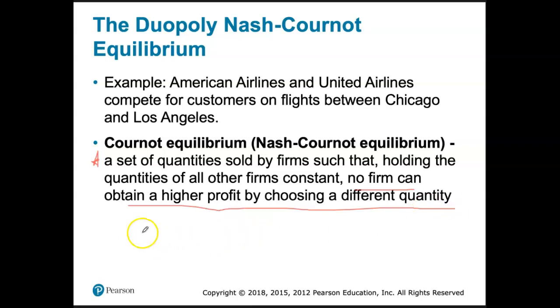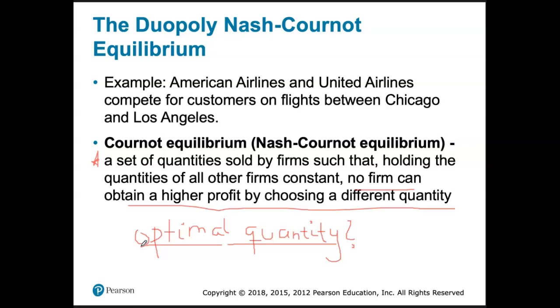In other words, what is the optimal amount or optimal quantity both firms should choose in order to maximize profits?